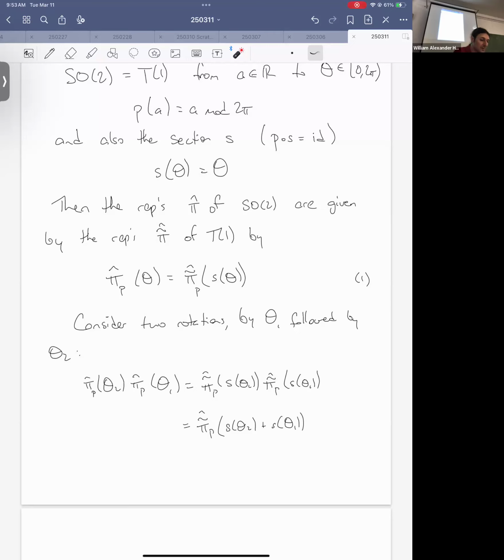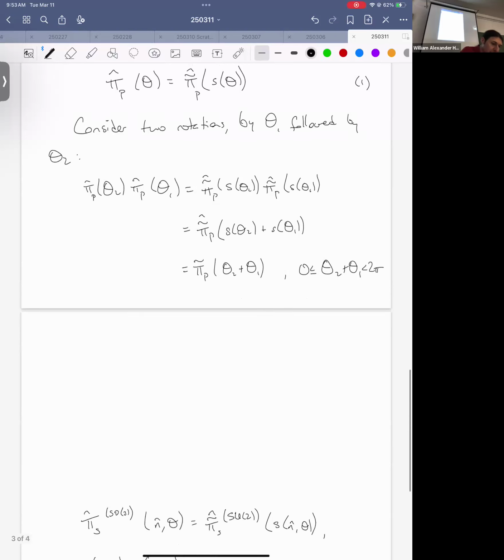So if theta 1 and theta 2, when I add them, are less than 2 pi, then this will be equal to pi p twiddle of just theta 2 plus theta 1, if theta 2 plus theta 1 is between 0 and 2 pi. And everything is hunky-dory.